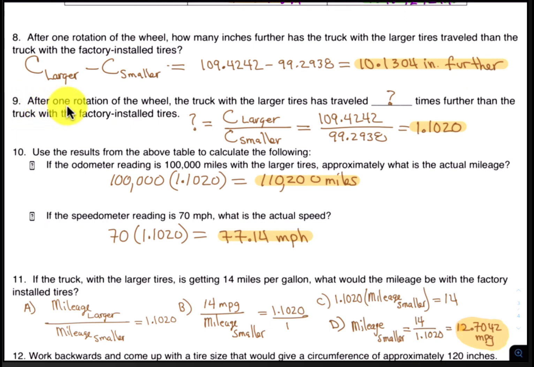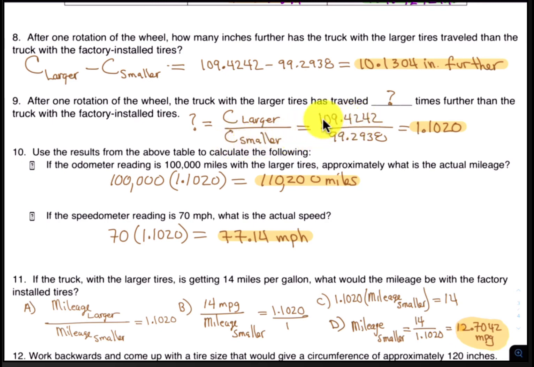Question 9. After one rotation of the wheel, the truck with the larger tires has traveled how many times further than the truck with the factory installed tires? So when you're trying to find out how many times further, you have to divide to find the ratio. So this question mark here is the ratio of the circumference of the larger divided by the circumference of the smaller.